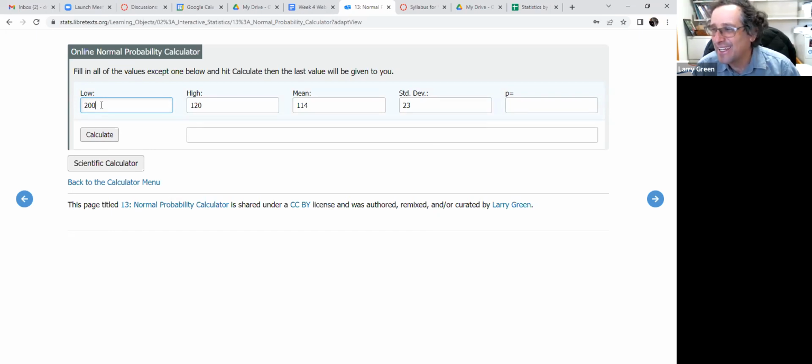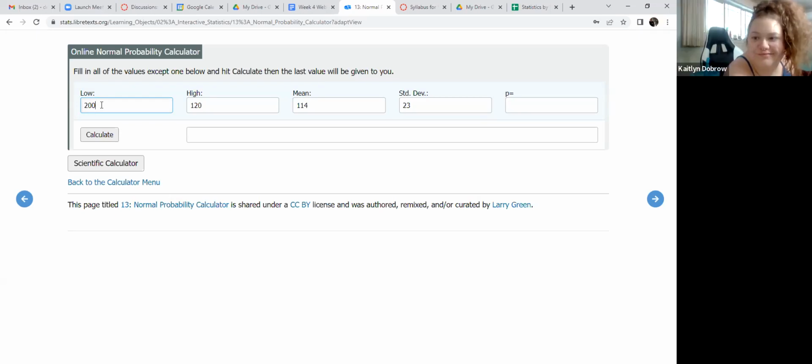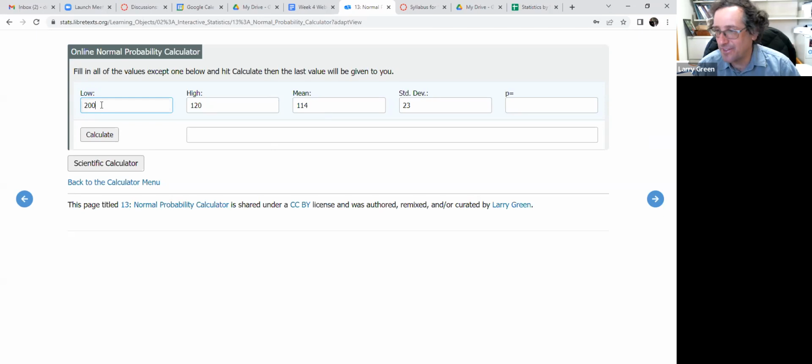What's the high if you're greater than 200? A bunch of 9s. Technically it's infinity, but infinity is not really a number. It's just a word.